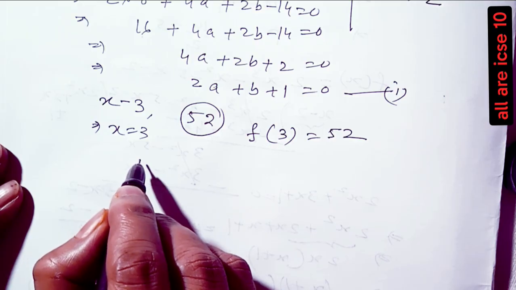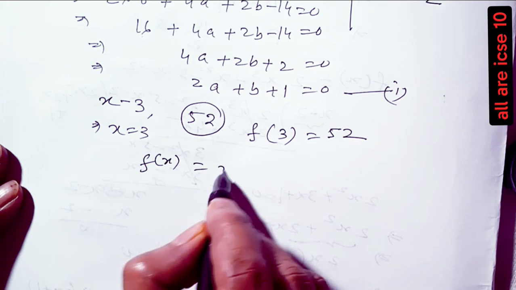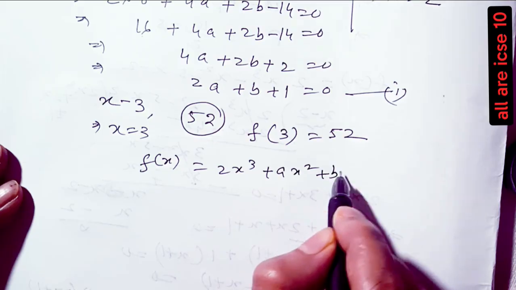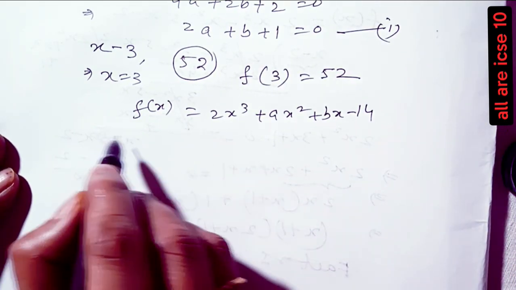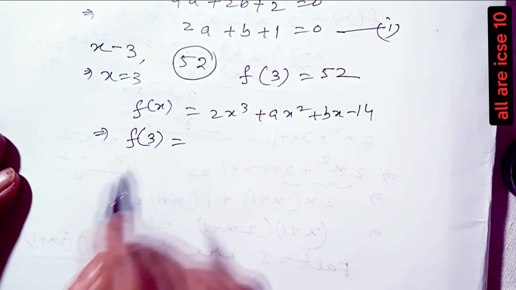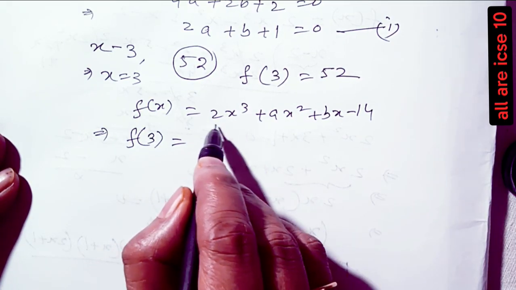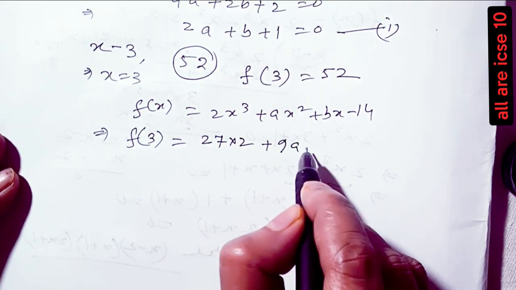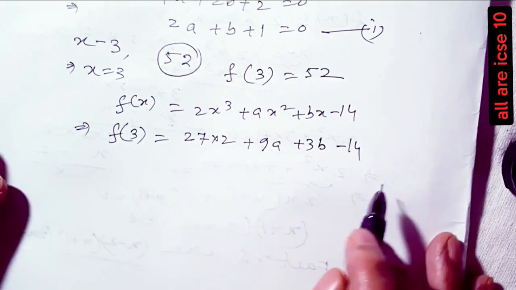So f(x) equal to 2x cube plus ax square plus bx minus 14, and f(3) will be 52. So we put x equal to 3, 3 cube 27, plus 3 square 9a, plus 3b minus 14 equal to 52.